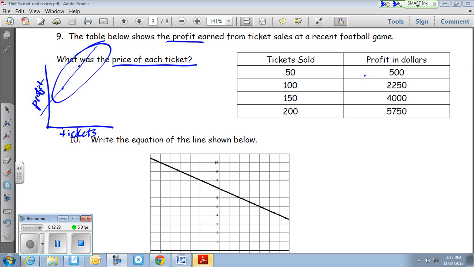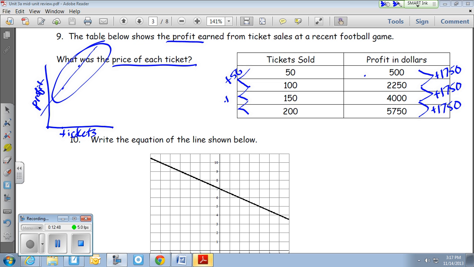So to find slope with the table, I look for the change in my y's. This happens to be adding $17.50 each time. And my change in my x's is adding 50 each time.